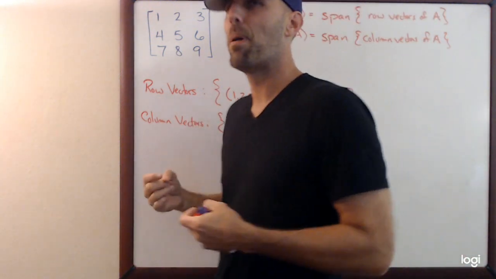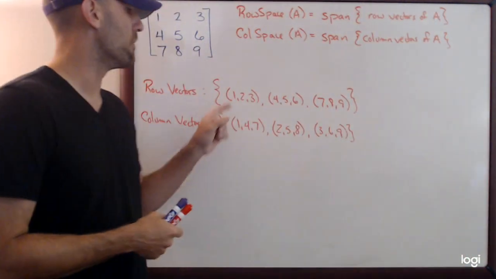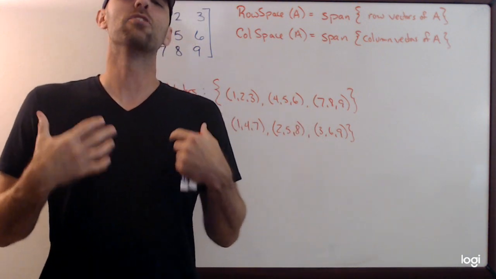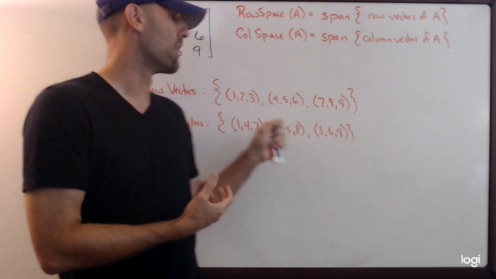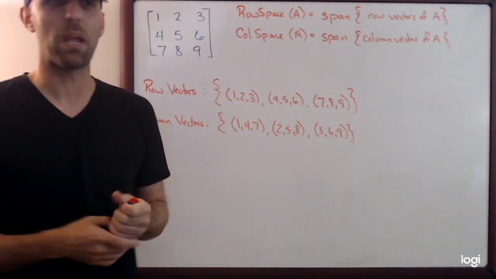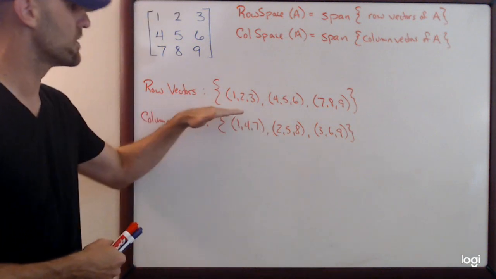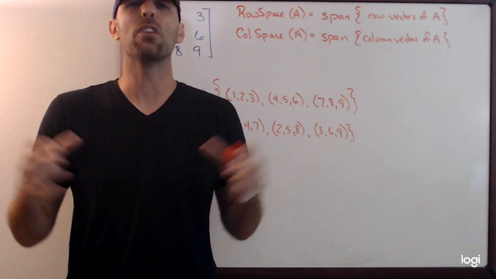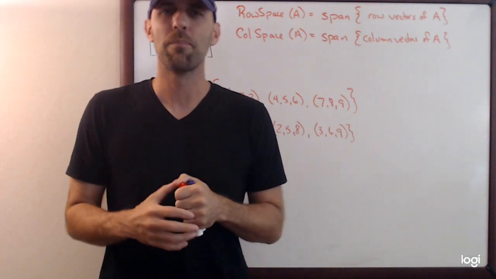it's entirely possible that the span of these vectors is maybe not three-dimensional, as in maybe I don't need all 3 of these vectors in order to span that same row space. Maybe I can write the row space, the space created by all 3 of these things, using fewer vectors.